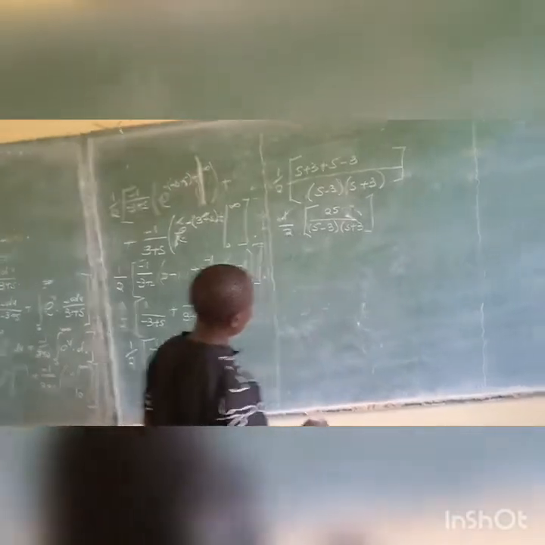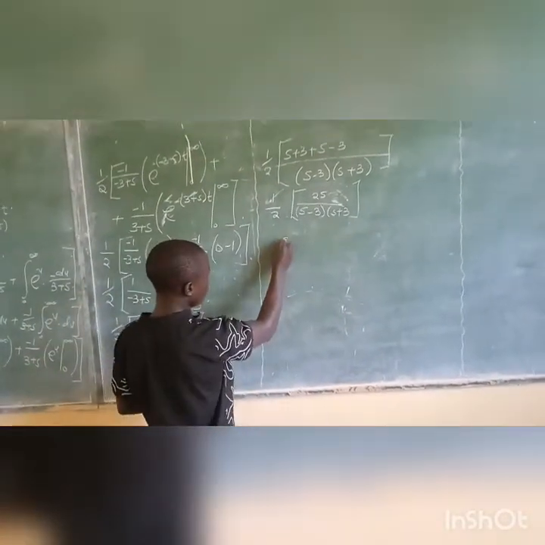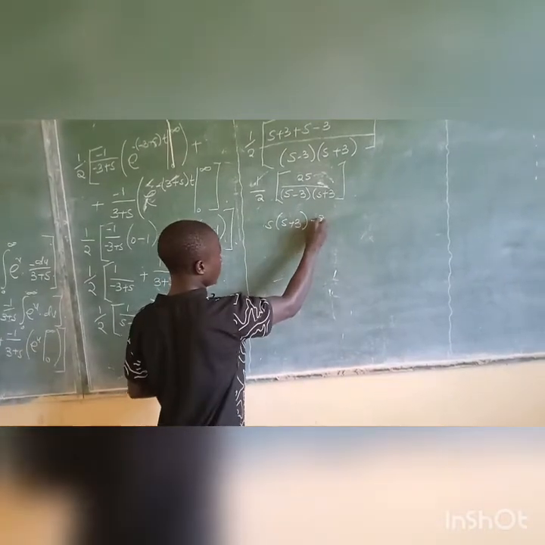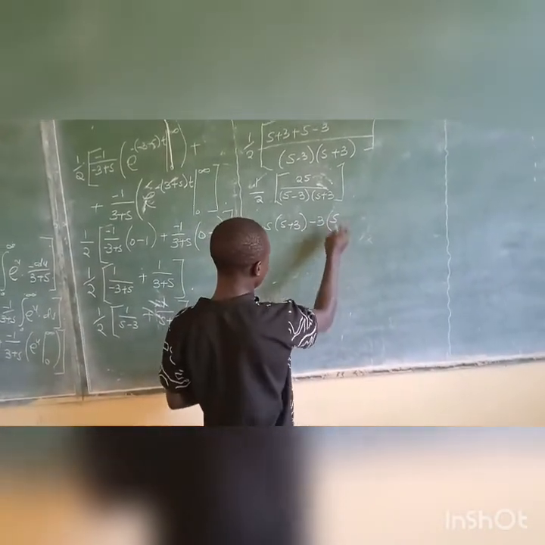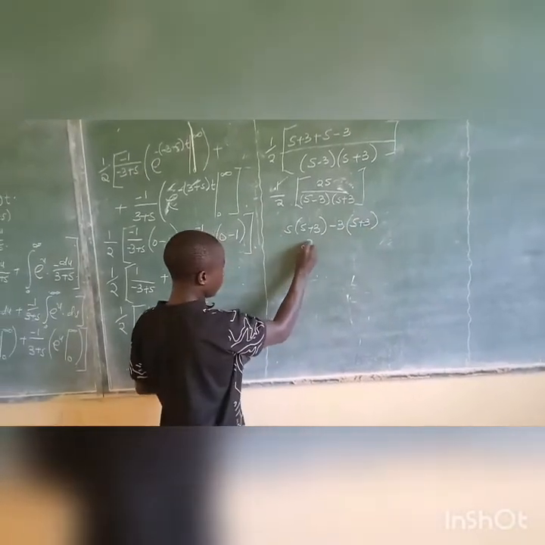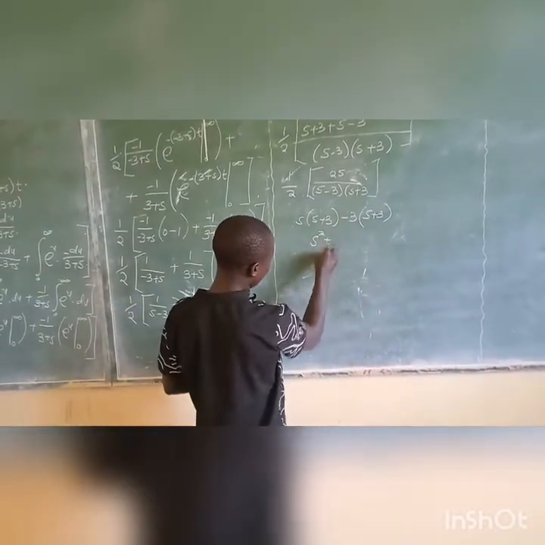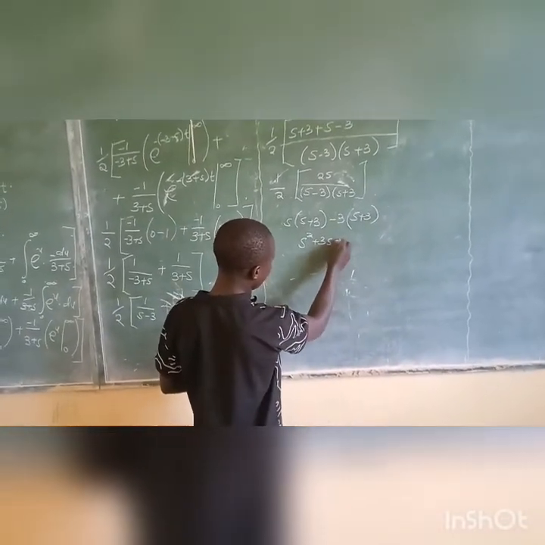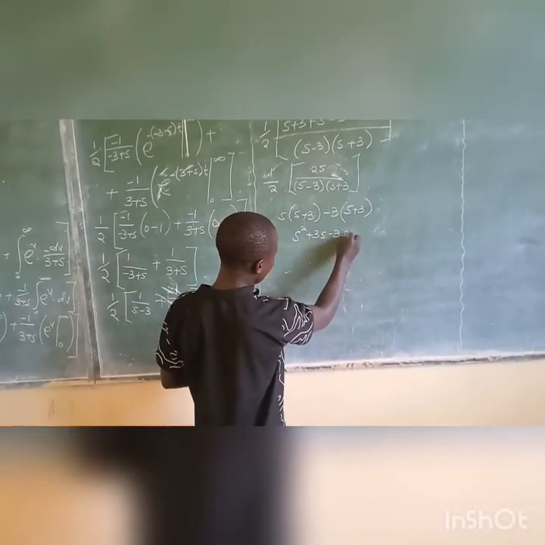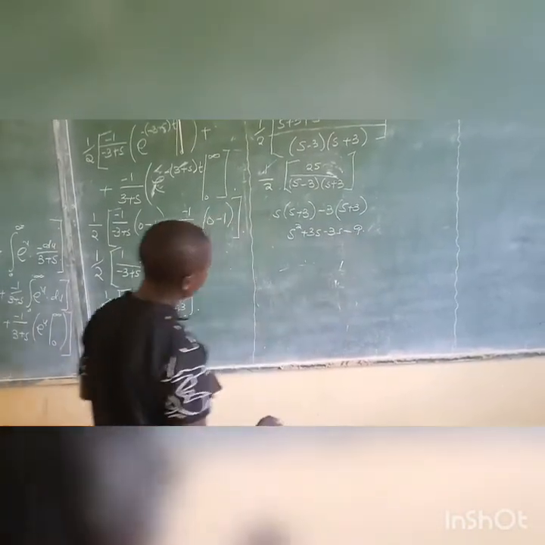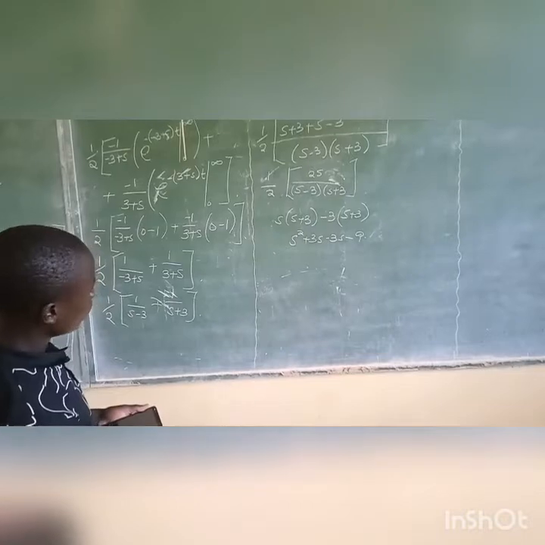Multiply the two, will be s into s plus 3 minus 3 into s plus 3. So this is s squared plus 3s minus 3s minus 9. Is it so?